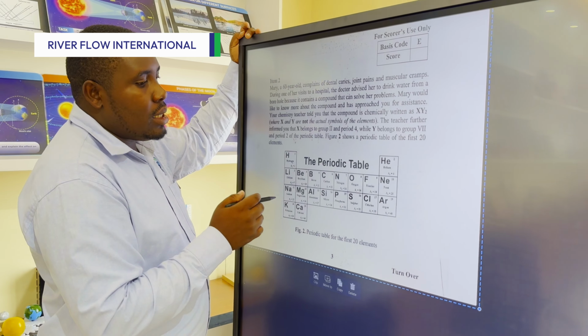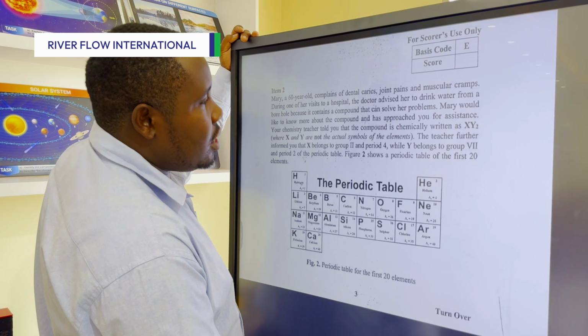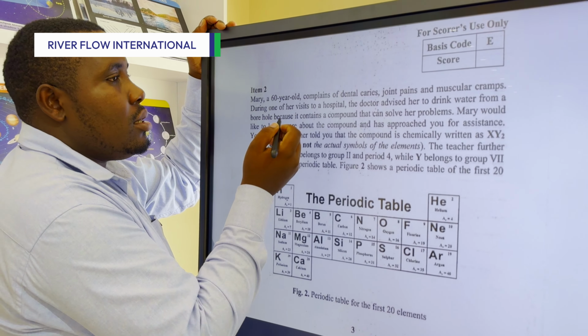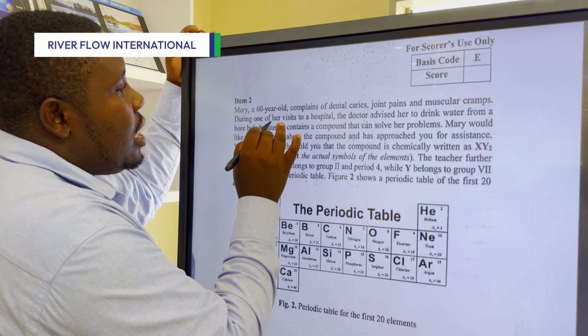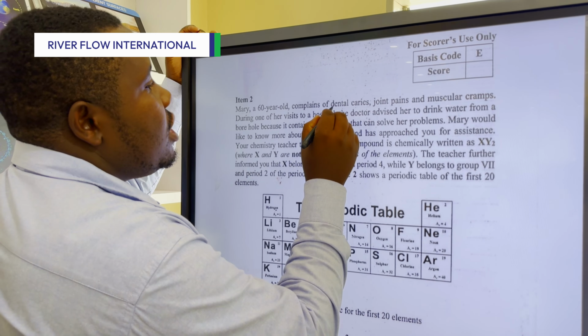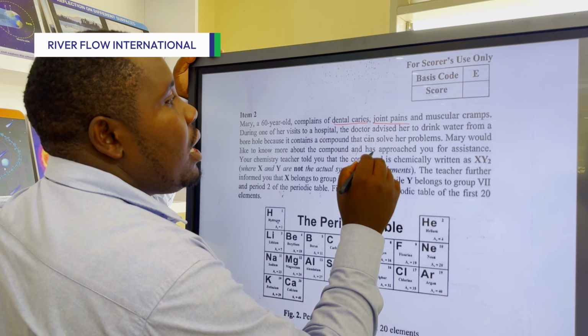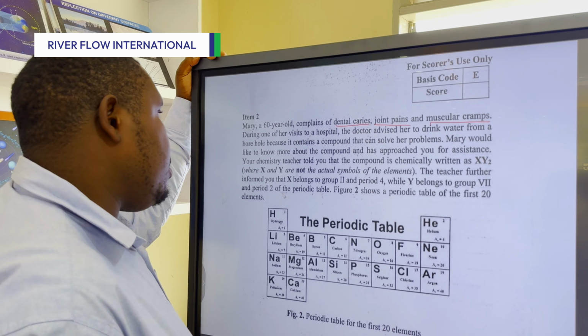And it reads, Mary, a 60-year-old, complains of dental caries. We are going to highlight that. Joint pains and muscular cramps.